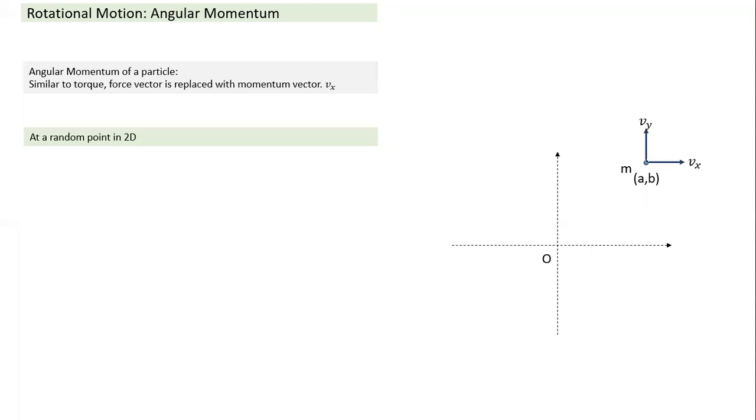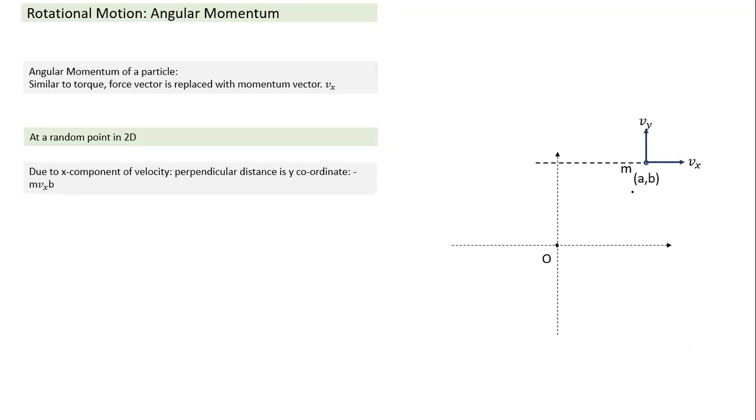Due to the x component, which is in the horizontal direction, we take the perpendicular distance from O by dropping a perpendicular onto the line of motion of the particle. The perpendicular distance will be vertical, along the y direction, which is nothing but B. So due to this component, angular momentum is m Vx into B.